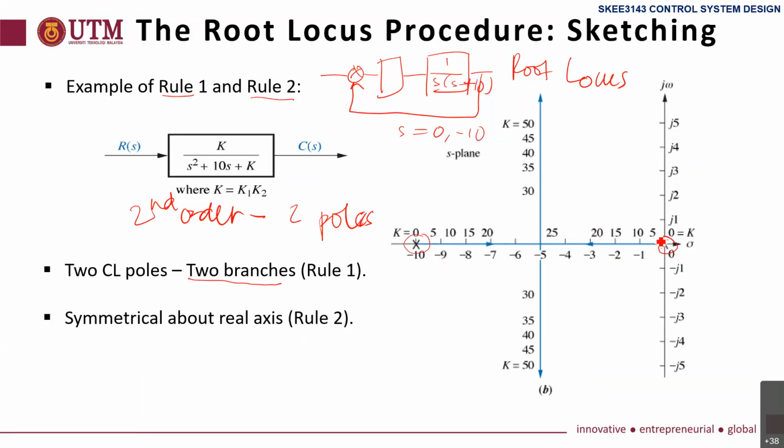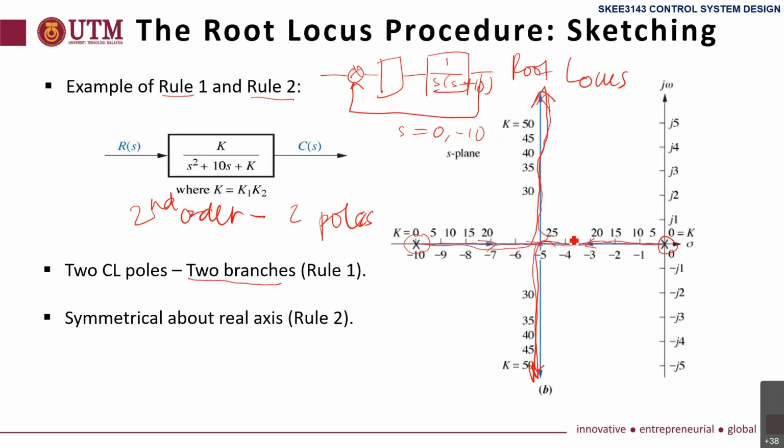We can see the root locus. Later I will show the root locus must have arrows. So you can see an arrow here, and here also has an arrow. Later this one goes up and this one goes down. We can imagine this one like this, and this one like this.